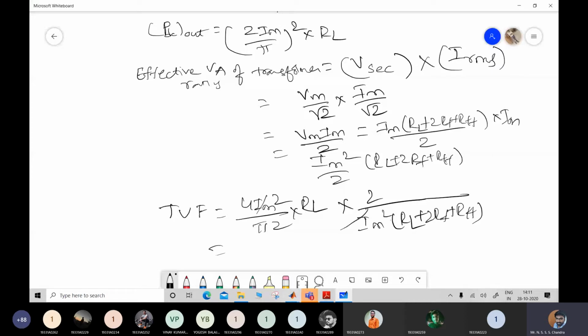So again you will get the TUF value equal to 8 by pi square. Let me check this once.